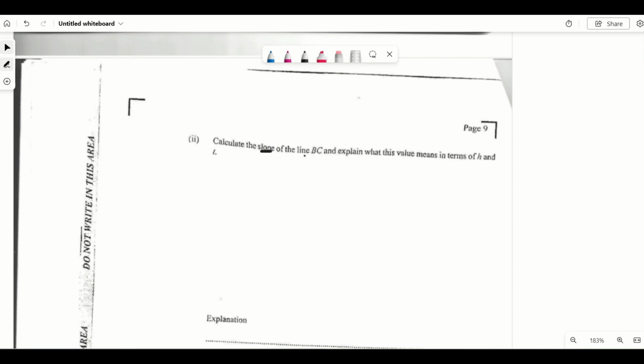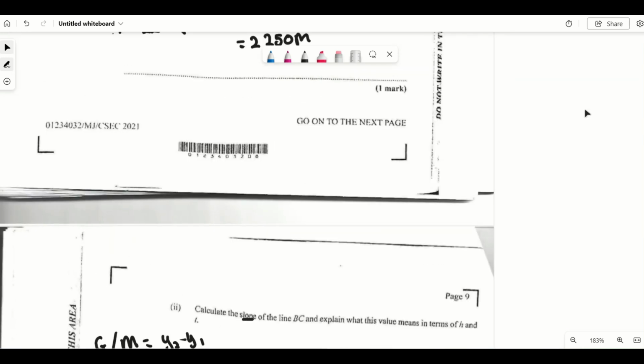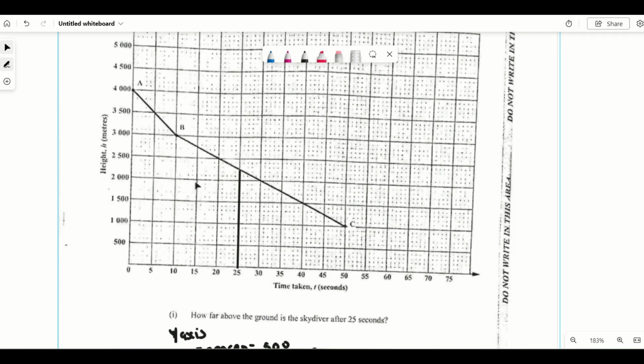And we know gradient, or M, is equal to y2 minus y1 all over x2 minus x1, meaning we have to find two coordinates, B and C, that are on the line BC. And if we look, your y-axis is your height, and your x-axis is time taken.